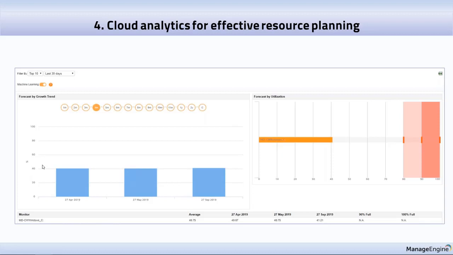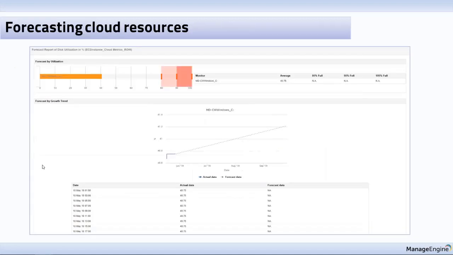So the moment a user clicks on an individual disk or an individual metric which is spread across all the cloud applications, this gives the user more granularity, letting a user identify what the utilization was over the past few days, and with the help of the enabled machine learning, it compares the trend and predicts forecast information, letting everyone identify what the utilization will be at a specific date and time.